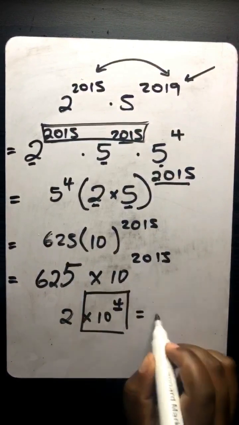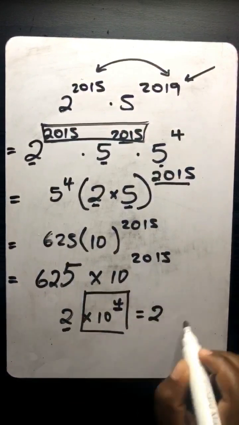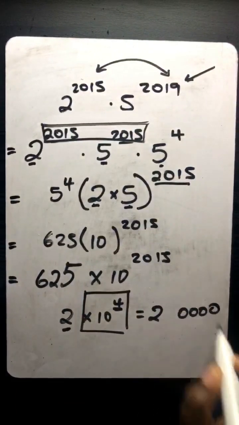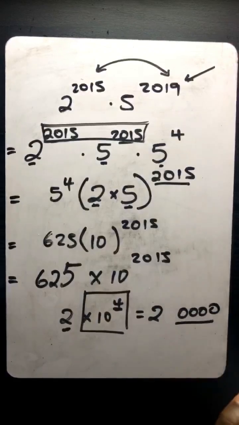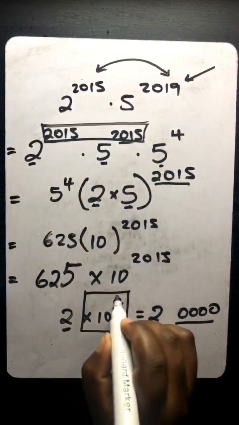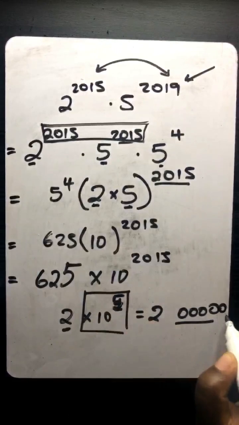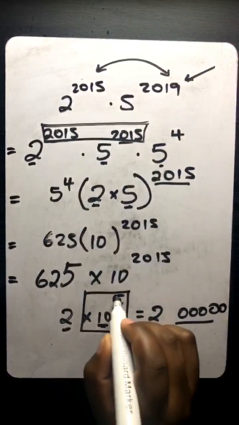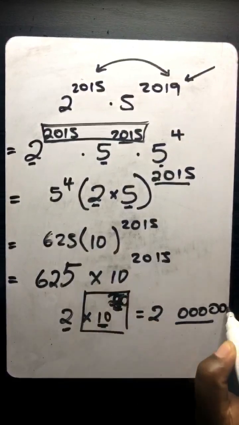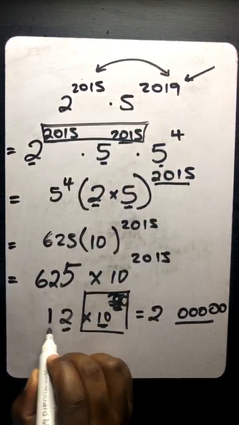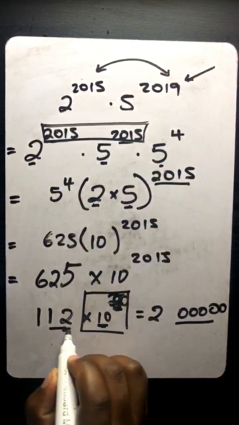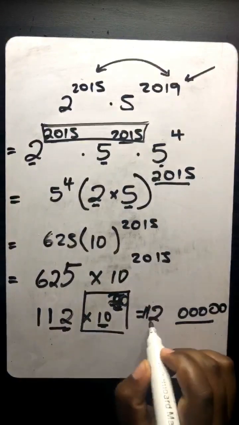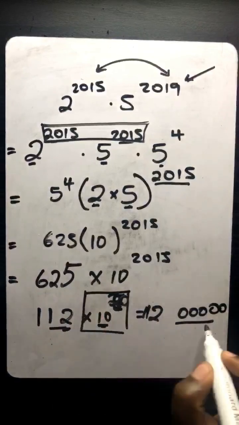So you have 2 and 4 zeros. If it's times 10 to the power of 5, it means 5 zeros. If it's times 10 to the power of 20, it means 20 zeros. Whether you have 12 or 112 on this side, you just write it as it is.